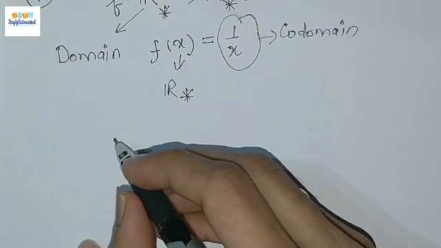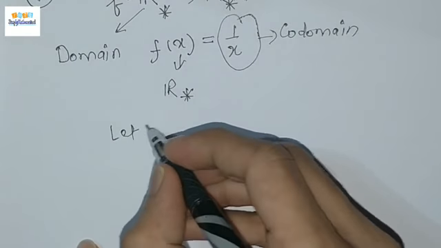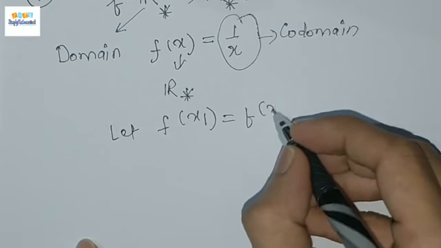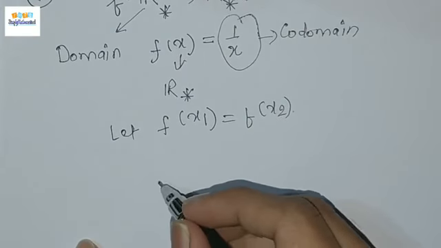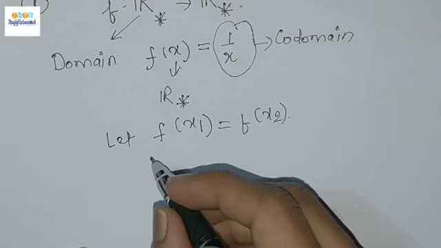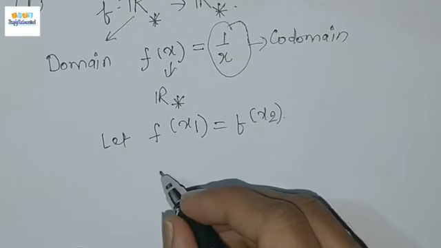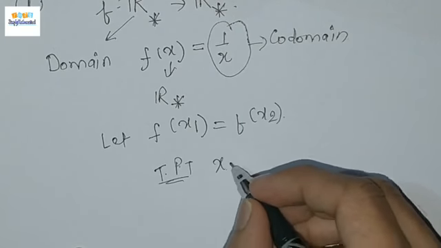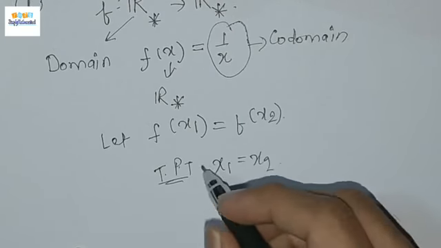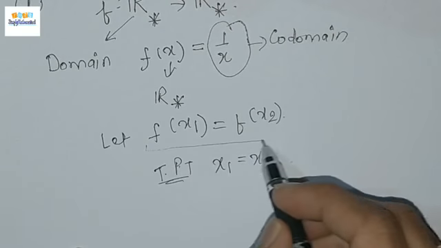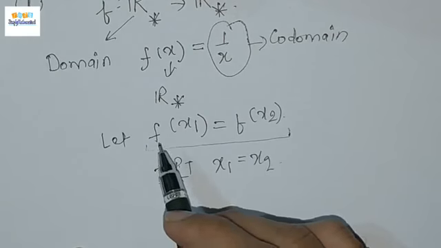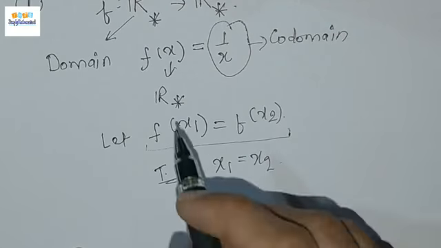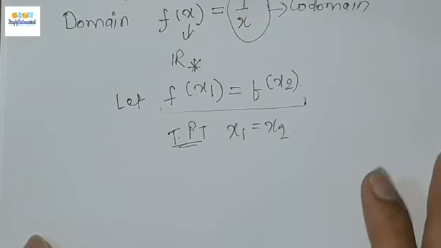So you have to take, let f(x1) be equal to f(x2). Now what we have to prove is that x1 is equal to x2. This is the definition of a 1-1 function: f(x1) equal to f(x2) implies x1 equal to x2, means the function will be 1-1.